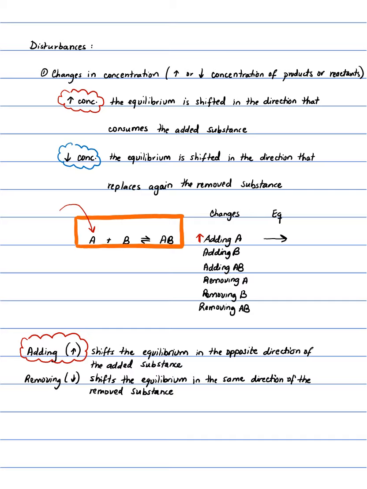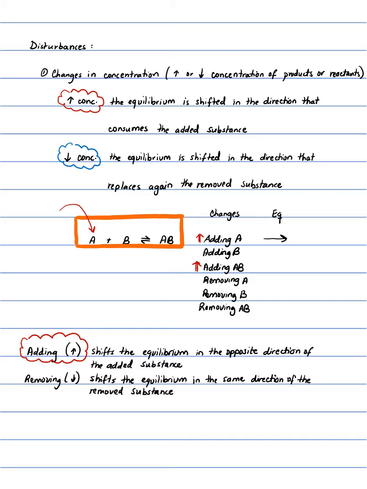Adding AB, that's increasing again. Now AB is a product, you can see it, it's on the product side. If you're increasing the concentration of AB, your product, your reaction will regain the original equilibrium again when that amount of product is being used up.